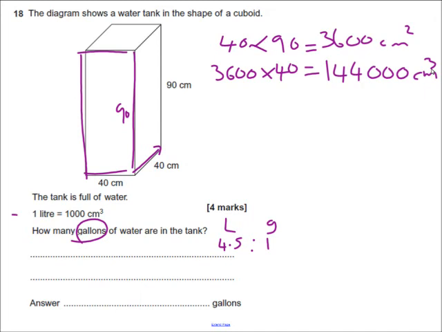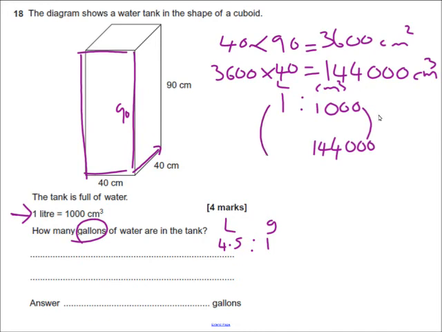So now we need to convert this centimetres cubed into litres using the conversion we've been given. So 1 litre is 1,000 centimetres cubed. And I've got 144,000.